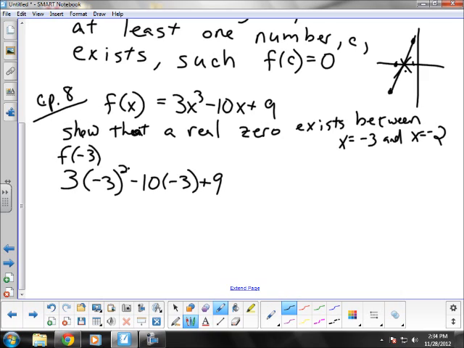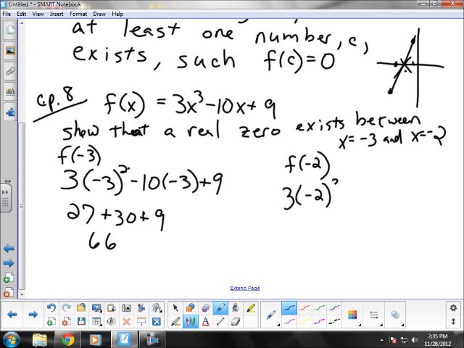And so that's 9, and 9 times 3 is 27, plus 30, plus 9. So that's 66. Right? Did I do it right? And we look at what f of -2 would be. 3 times -2 to the third. Oh, that's to the third. That's not right. Messed up.